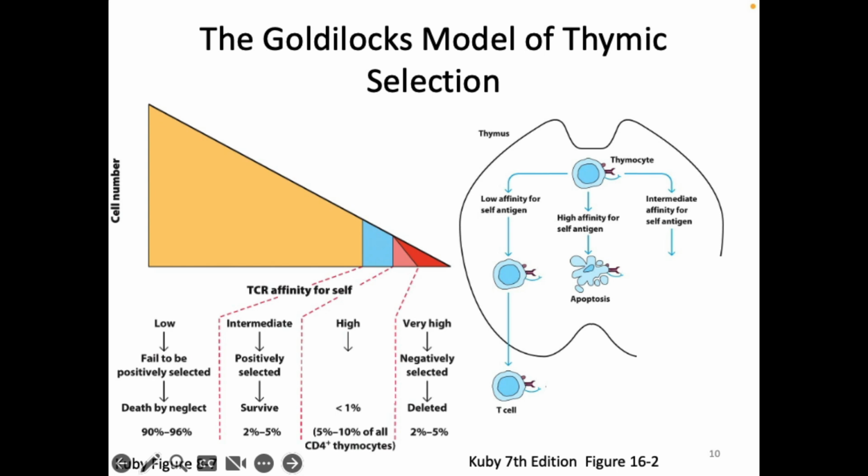And the only signals that are available in the thymus are self-antigen signals. So every T cell that comes out of the thymus has sort of a low affinity for self. It must have in order to get positively selected. So every T cell that's coming out of the thymus is a little bit self-reactive.